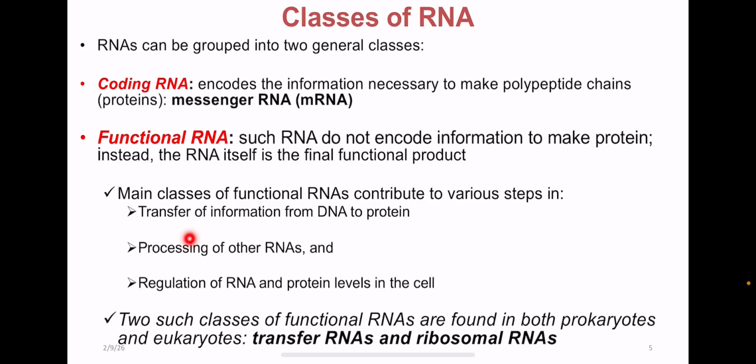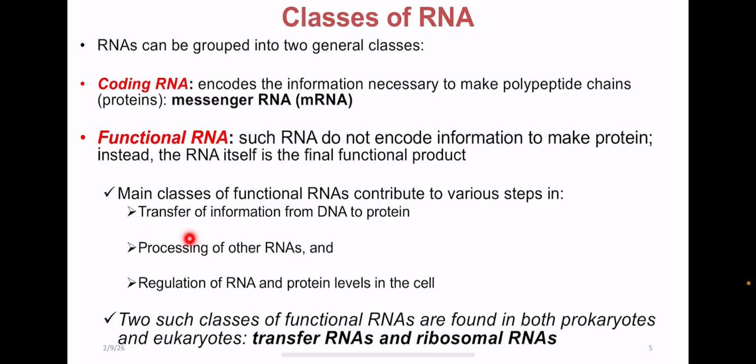Mainly we have two general classes: the coding and the non-coding, or you can call them coding and functional. The coding RNA is just the mRNA, the messenger RNA, because it is the one that carries the genetic information from DNA to be translated. And the functional ones are tRNAs and rRNAs.